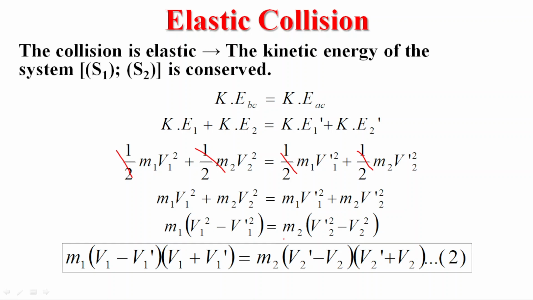On the other side I have m2 v2 prime squared, and I bring this term over here. I take m1 common here and m2 common here. I get m1 times v1 squared minus v1 prime squared equals m2 times v2 prime squared minus v2 squared. Now we apply the identity a squared minus b squared equals a minus b times a plus b. I get m1 times v1 minus v1 prime times v1 plus v1 prime equals m2 times v2 prime minus v2 times v2 prime plus v2. Now I have two equations.